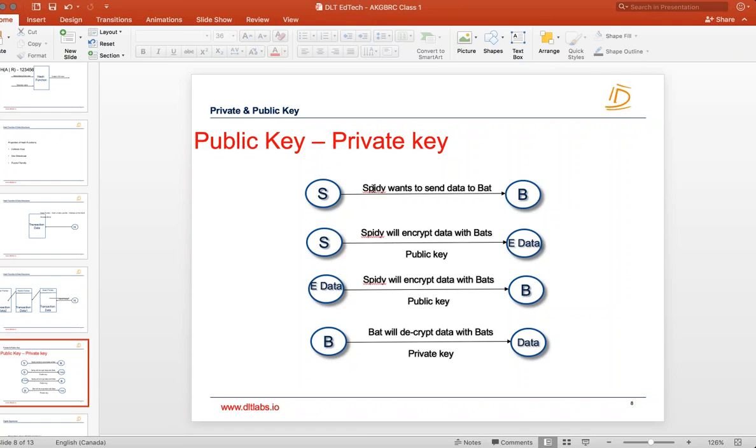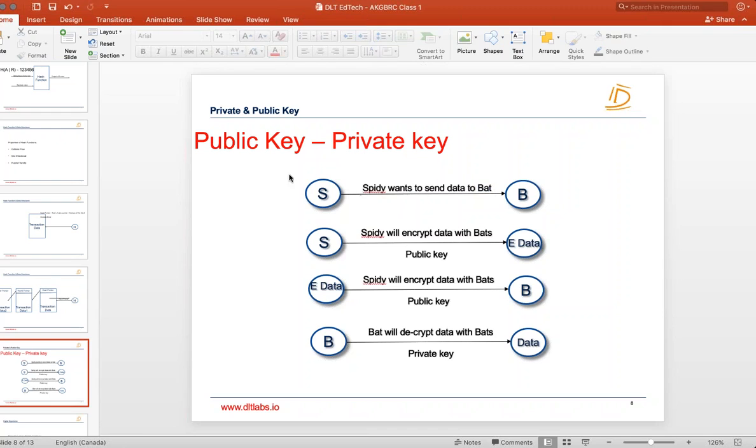That's the requirement, but Spidey also wants to make sure that the data is not stolen or readable by anyone else. So again, the requirement is that Spidey wants to send some data to Bat, but at the same time, Spidey wants to make sure that the data is totally secure and no one else can read that particular set of data.